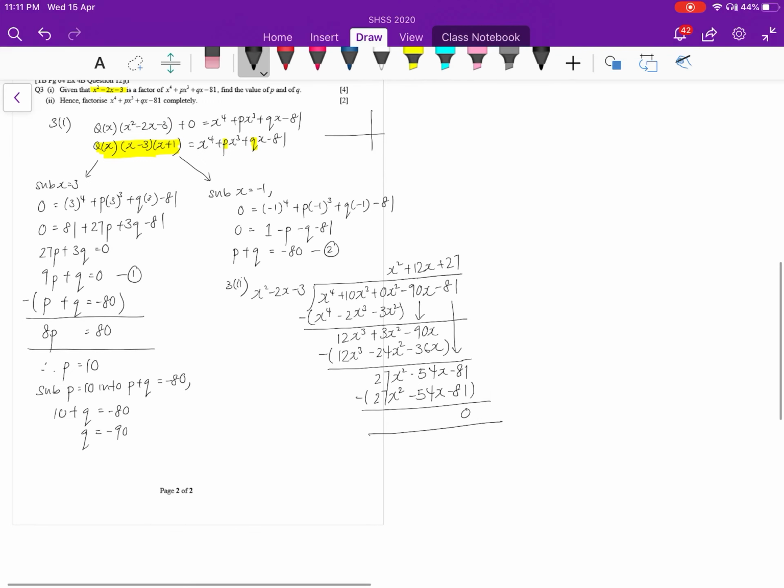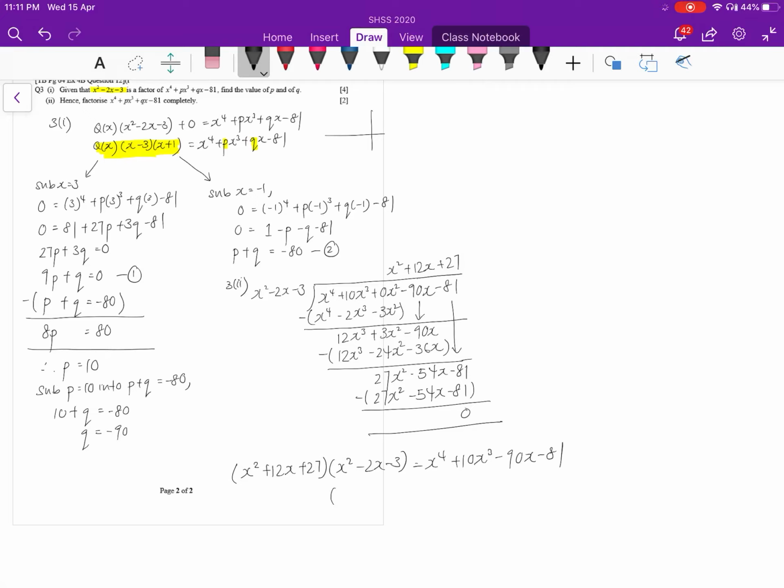So now if you remember, x squared plus 12x plus 27 multiplied by x squared minus 2x minus 3 will give you x to the power 4 plus 10x cubed minus 90x minus 81.